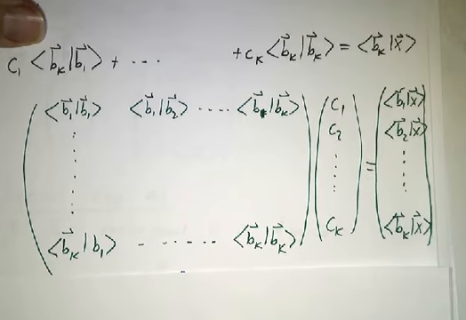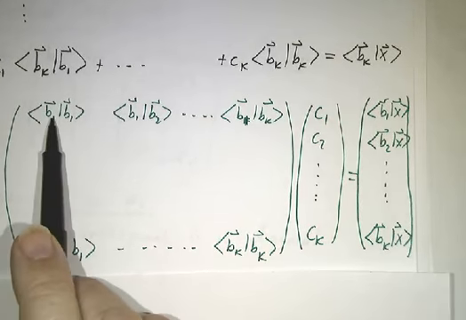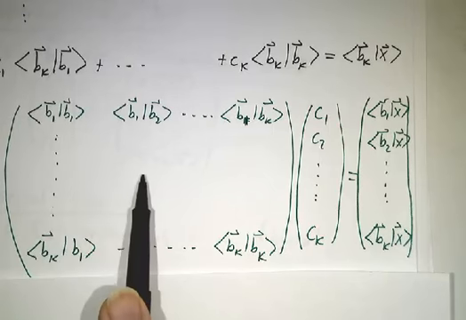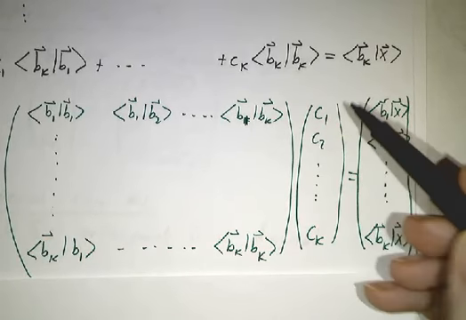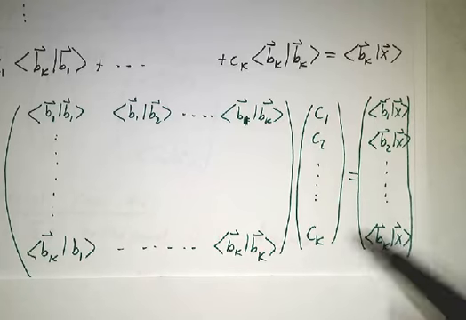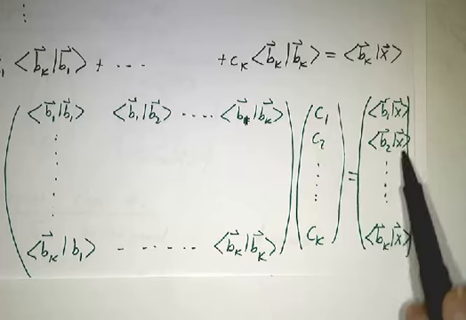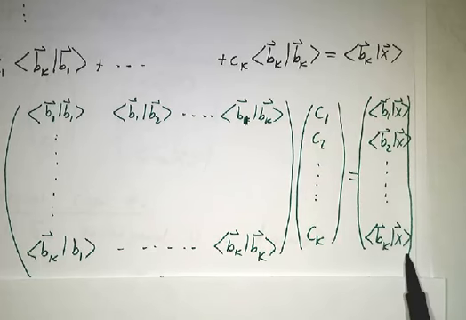And we can write this in matrix form. It says that we have a matrix whose ij entry is the inner product of bi with bj, times a vector of the coefficients c1 through ck, equals what you get when you take the inner product of b1 with x, b2 with x, b3 with x, bk with x.